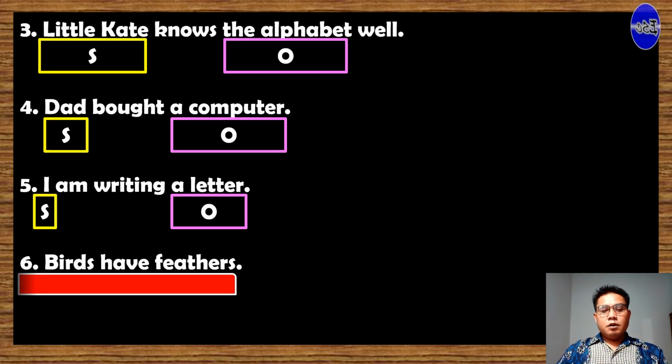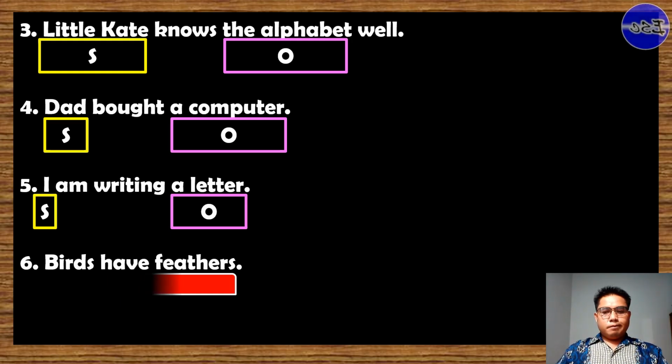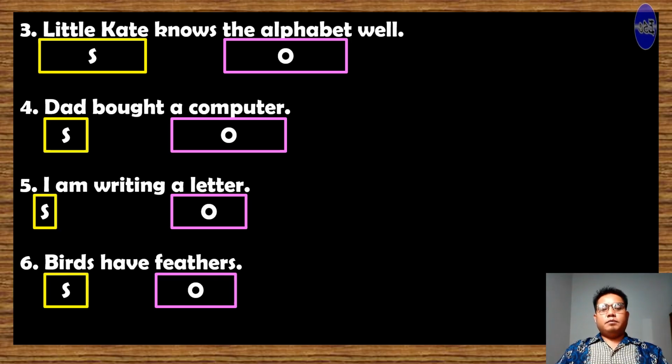Number 6. Birds have feathers. Good. Birds is the subject, feathers is the object.